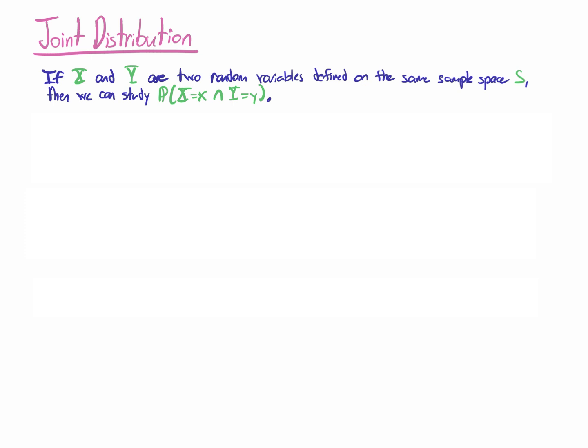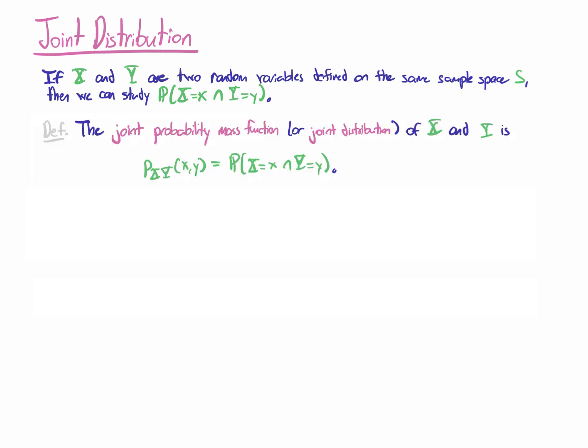So this defines what we call the joint probability mass function, which we also sometimes call the joint distribution of x and y. So this is just by definition a function that accepts two inputs, little x and little y, and it tells you the probability that random variable x has value equal to little x and random variable y has value equal to little y.